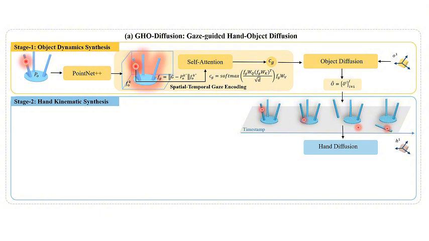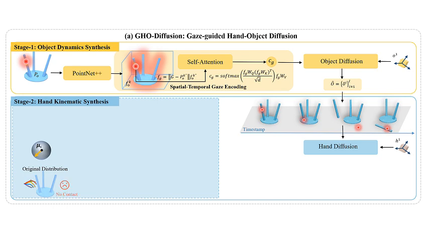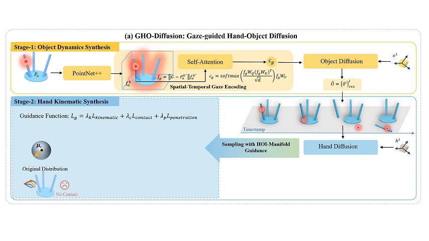Although the hand diffusion effectively captures the overall distribution of hand-object interactions, it falls short of achieving precision in finer details, such as maintaining contact or avoiding penetrations. Therefore, we leverage the guidance strategy in sampling. First, we define 3 guidance functions from the perspective of kinematic, contact, and penetration.